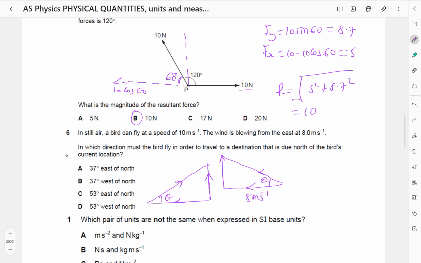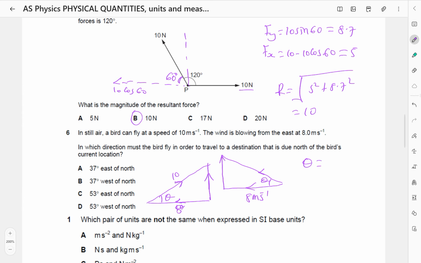Okay, so this is 8 meters per second, and the bird can fly at 10, so this is 10. I'll begin by getting the angle first. Adjacent over hypotenuse, I think that is cos.